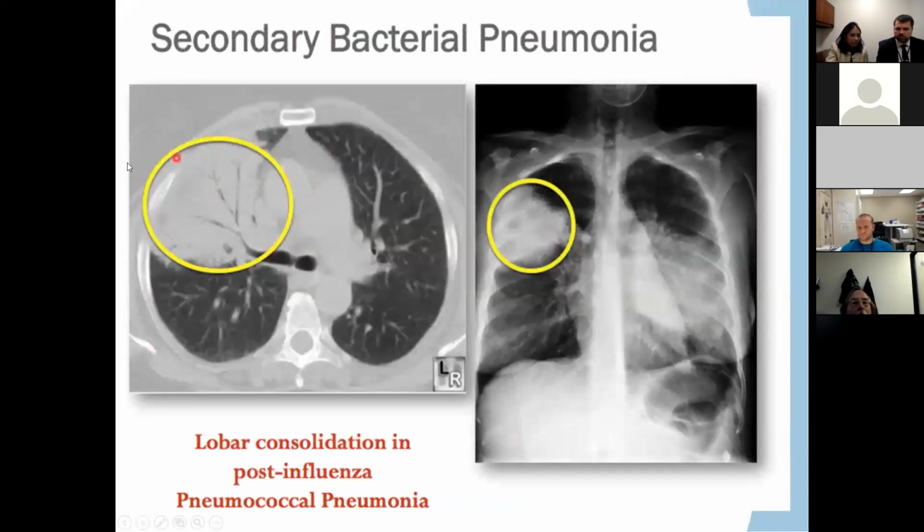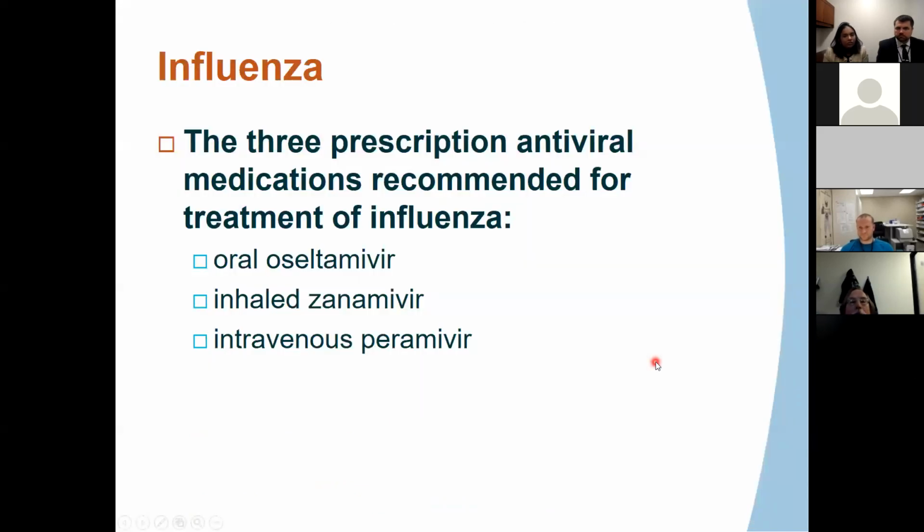You could clearly see lobar consolidation, where different lobes of the lungs are affected by the bacterial pneumonia. This is on a chest x-ray here, and right here on a CT scan. So that's a difference between viral and bacterial pneumonia, and also shows the importance of getting x-rays.